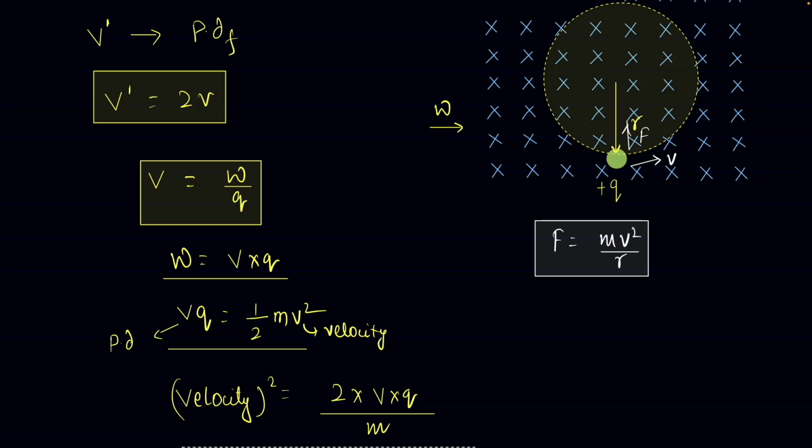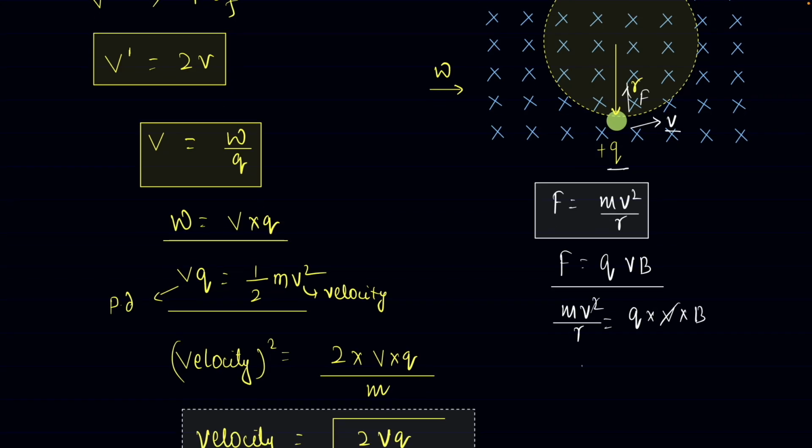So we know that when the charged body is present, velocity is present, and the magnetic field is present, F is equal to QVB. So m into v square by r is equal to charge into velocity into B. So one v gets cancelled, and now r is equal to mv by qB. So this is the radius relation.